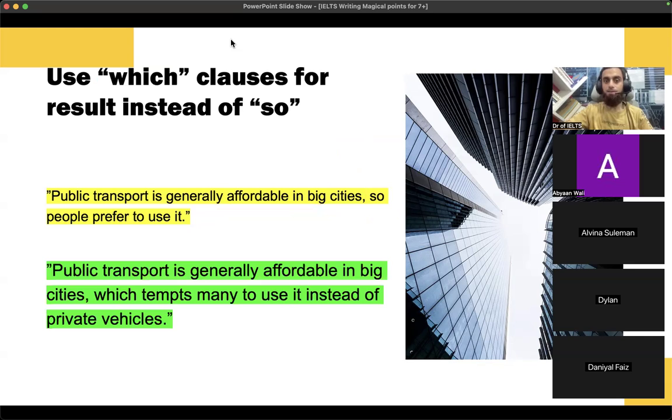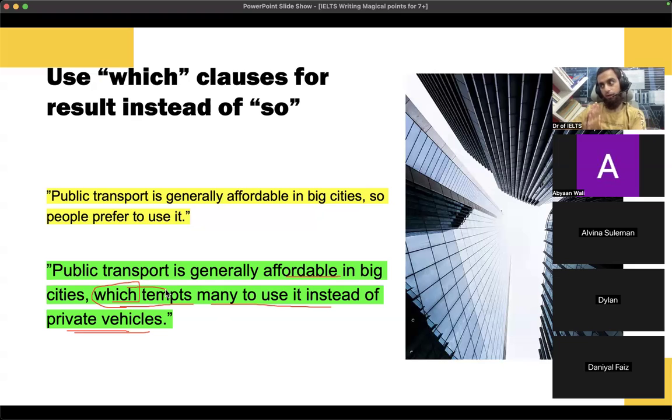Yes, public transport is generally affordable in big cities, which tempts many to use it instead of private vehicles. Yes, you extend it a little, but with the word which, you can also proceed. Which tempts many, which forces many, which enforces many, which insists many, right?